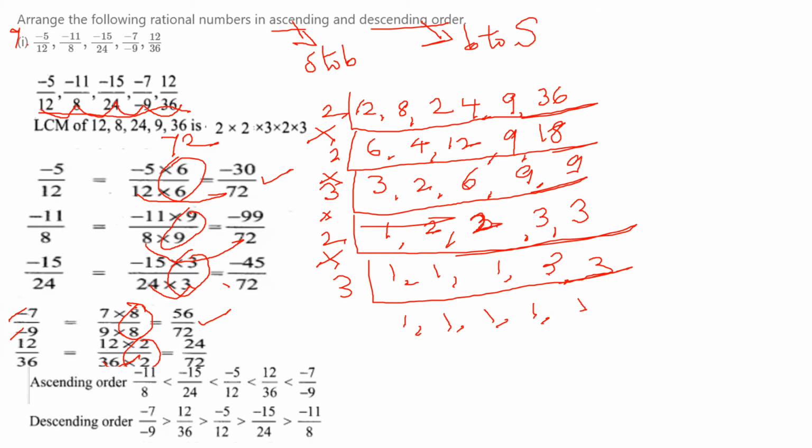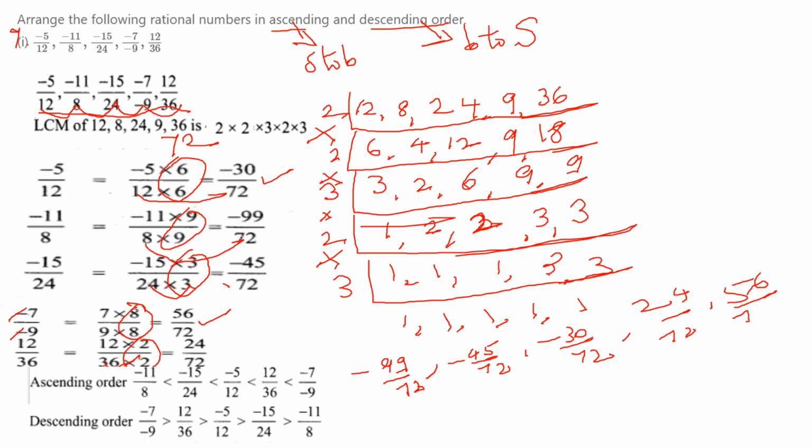Minus 99 only is the smallest. So you write minus 99 by 72, after that minus 45 by 72, minus 30 by 72, 24 by 72 and 56 by 72. This is ascending order. So you write the corresponding numbers.